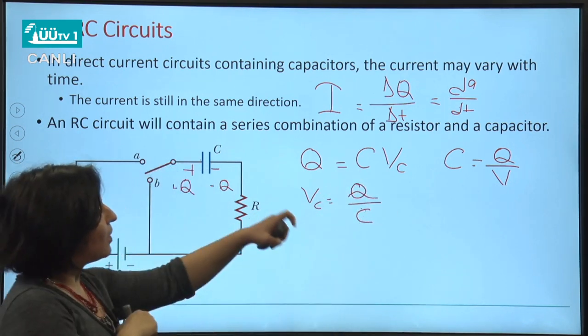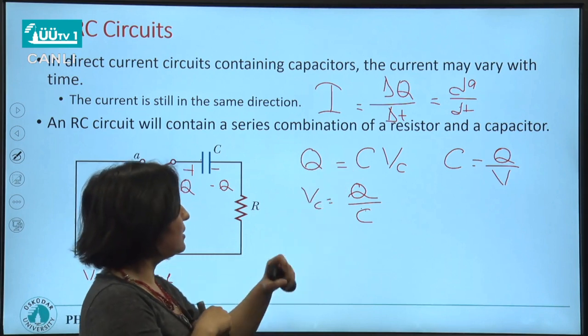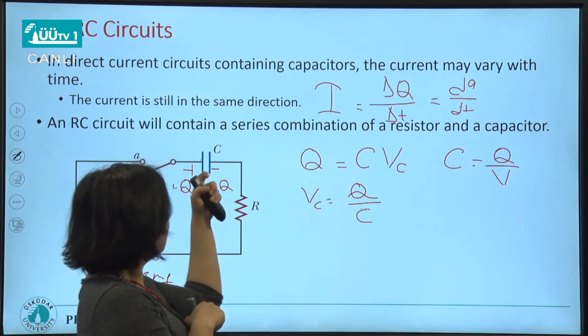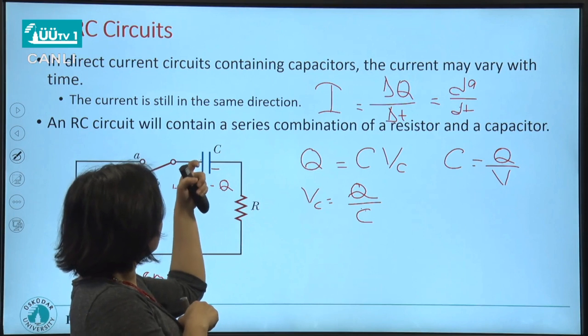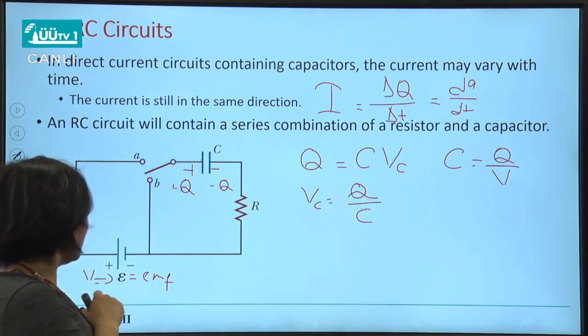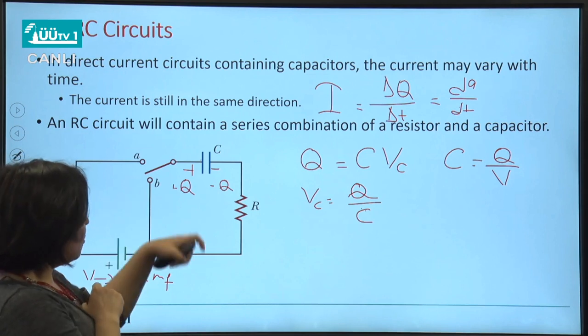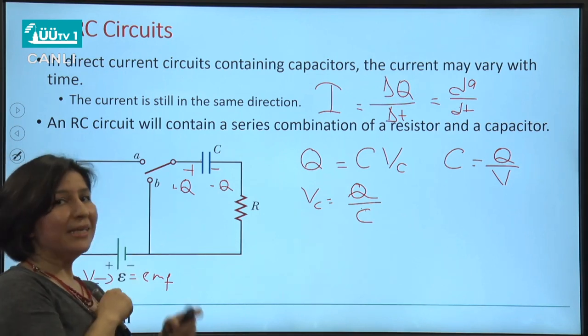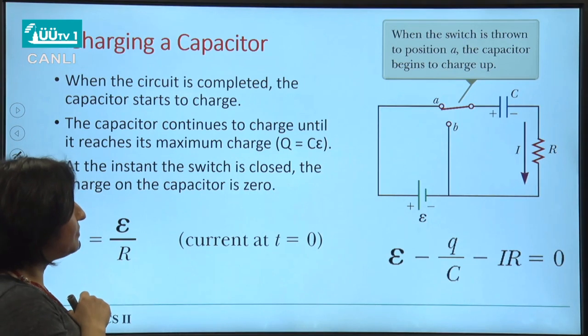The potential difference between the plates of the capacitor is Q over C. We talked about each member, so let's start to charge the capacitor.